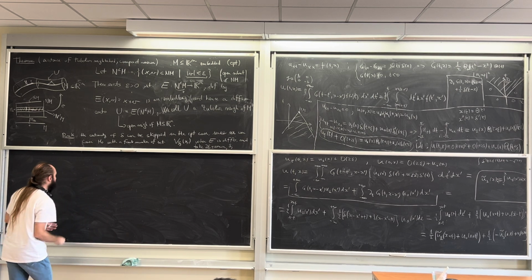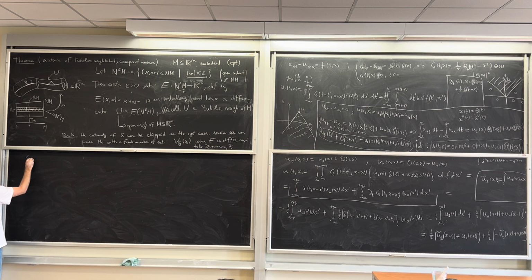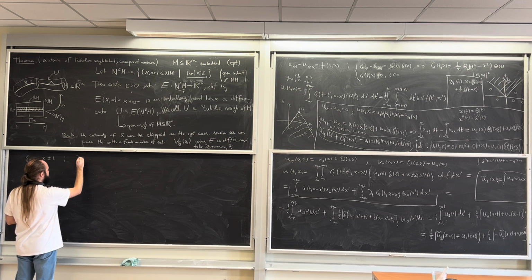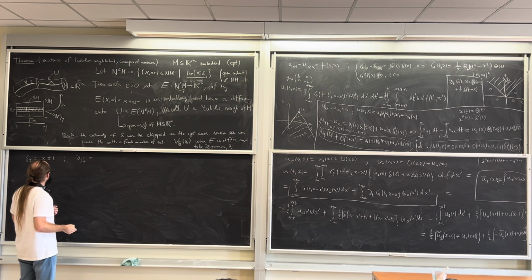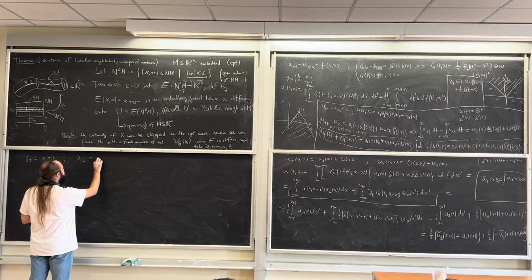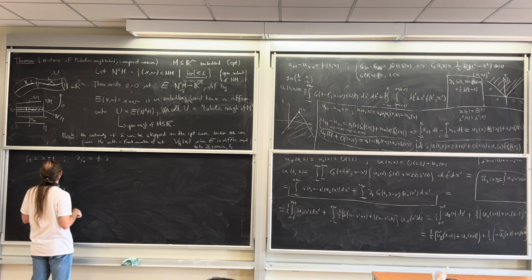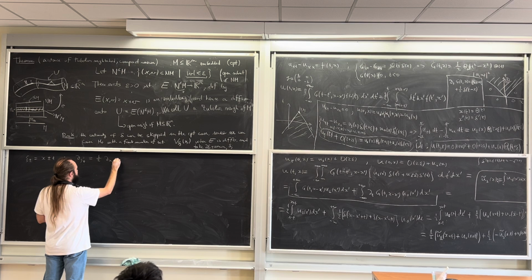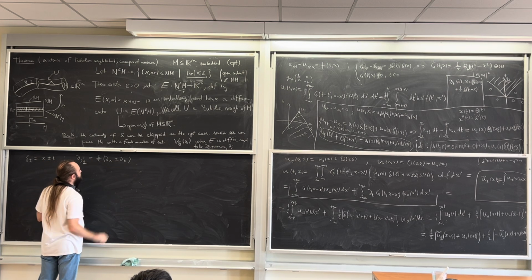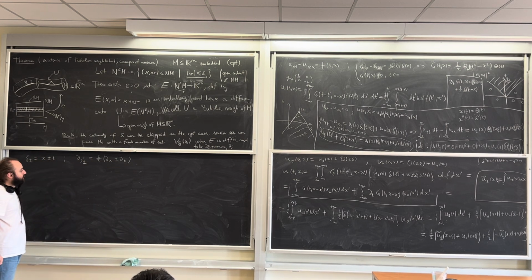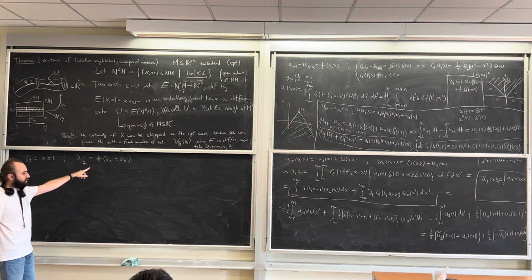So if you introduce these variables xi plus minus, which equal x plus minus t, then d xi plus minus equals 1/2 of dx plus minus dt.